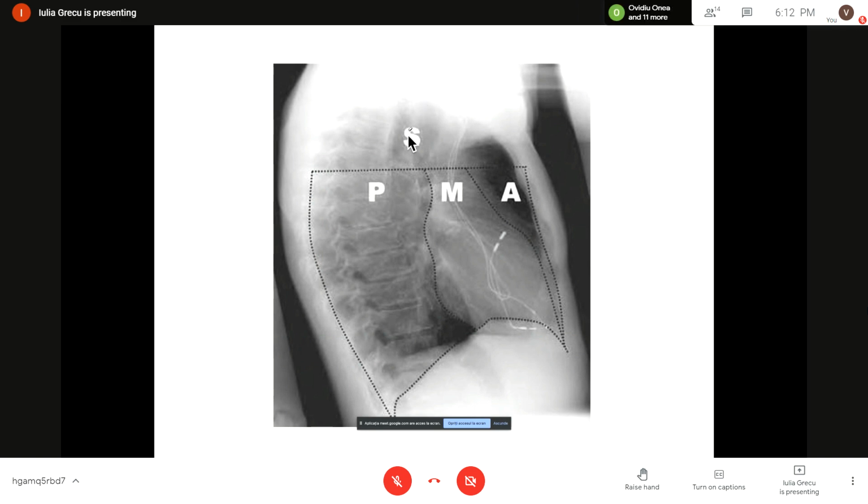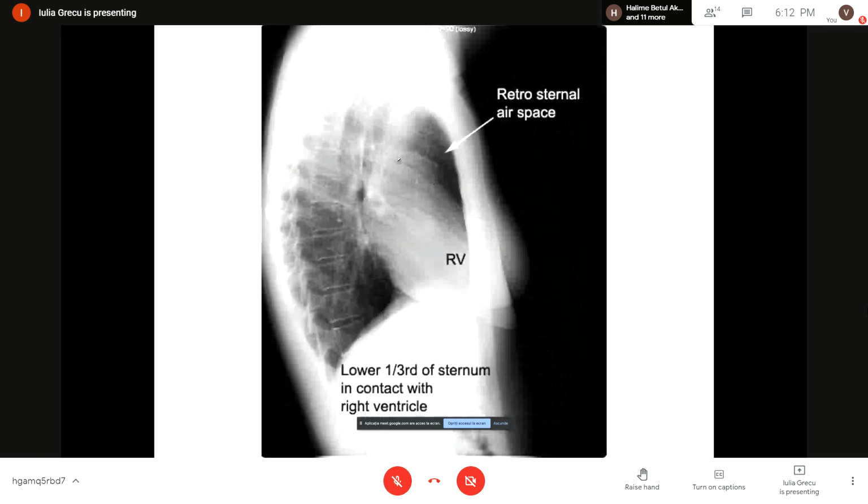It is more difficult to evaluate on the lateral chest X-ray things that are happening in the most superior region of the mediastinum, because at this level there are a lot of structures that come together at the same place. There are vertebral bodies, parts of the scapula and the arms opacities, so it's difficult to appreciate very well the pathology that develops in this area.